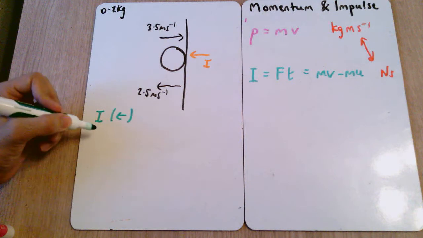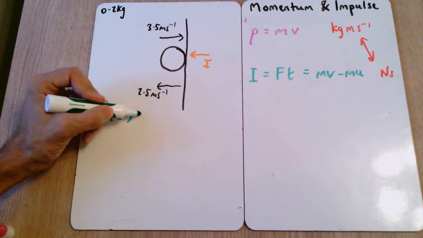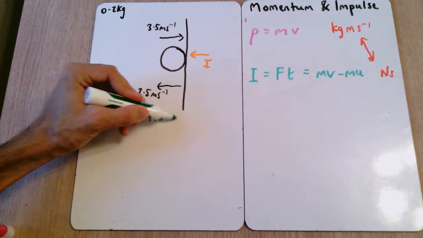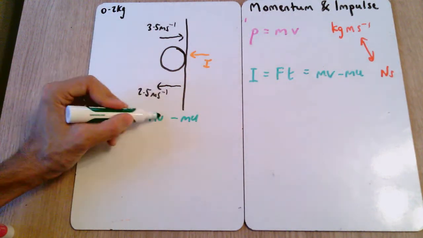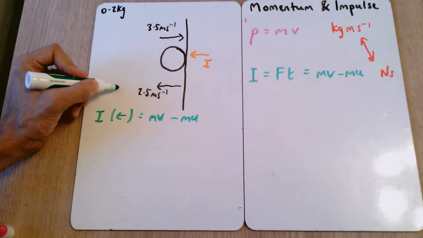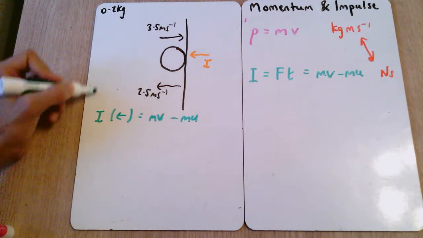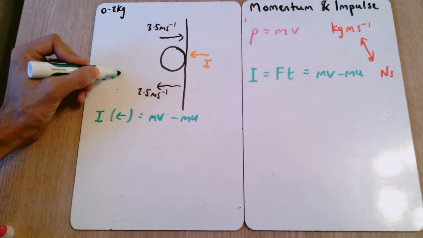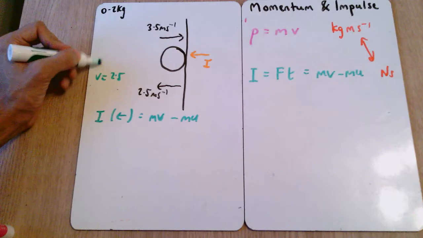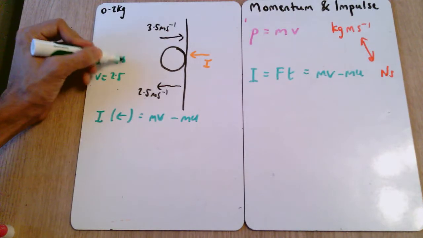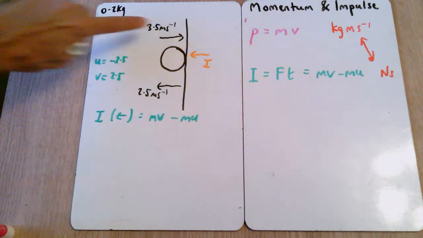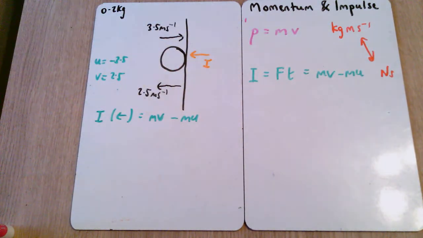So very, very simply, we're going to say I is equal to mv minus mu. Well, v is equal to 2.5, and u is therefore equal to minus 3.5 because u is acting to the right, in the opposite direction.